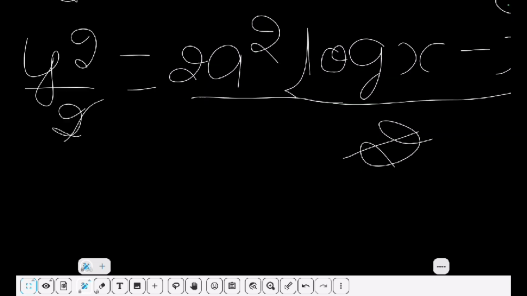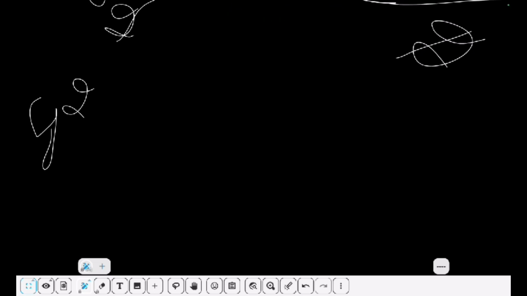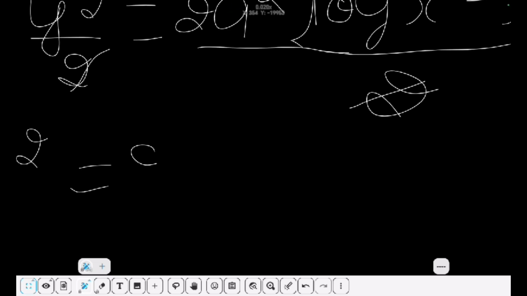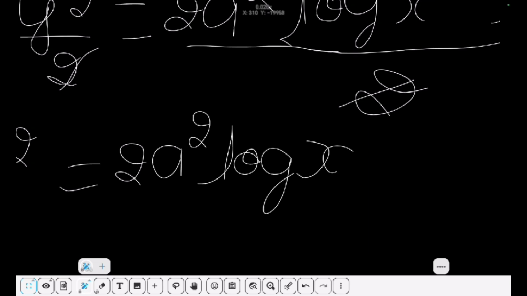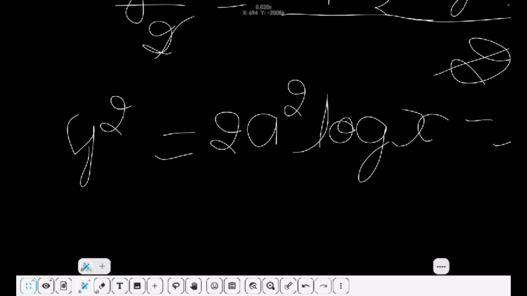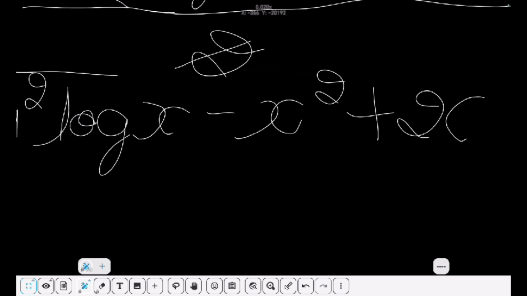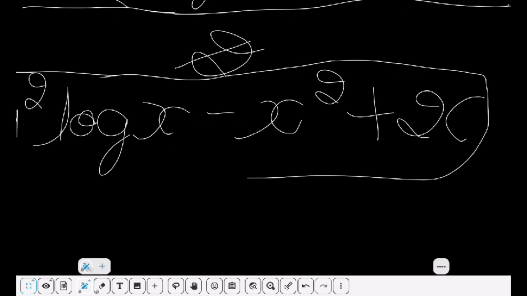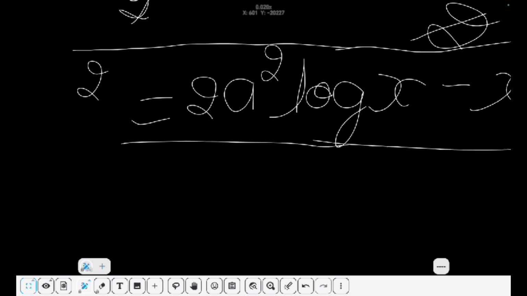I can cancel 2 and 2. That gives us y square that equals 2a square log x minus x square plus 2c. This will be my final answer.